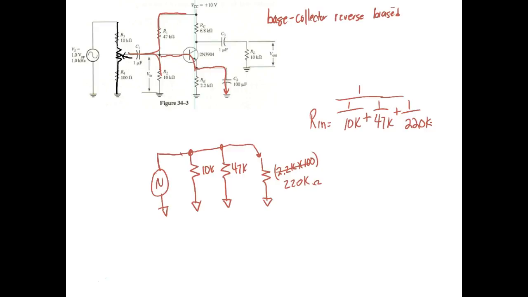And that's why we ignore that emitter resistor, because it's seen as such a big resistor. Pretty close to 8K. Look at 8K.